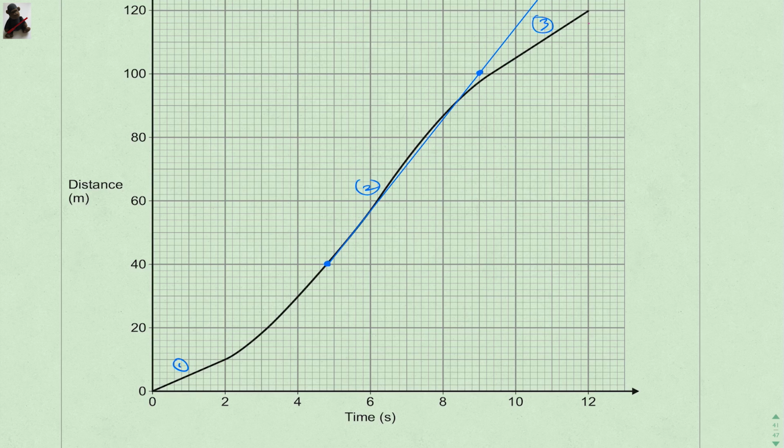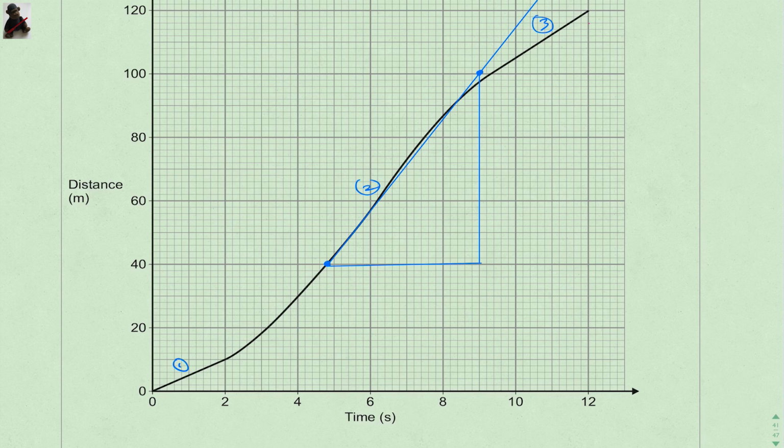I haven't done a perfect straight line, so I'll do another one. So roughly that's a straight line there. And I want to draw another one there. This is not very good, but it's all right. Okay, so that's an estimate really.